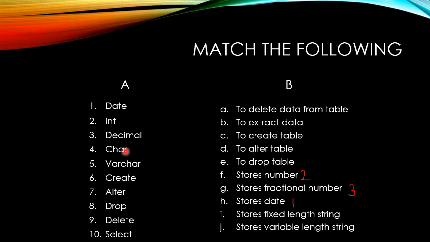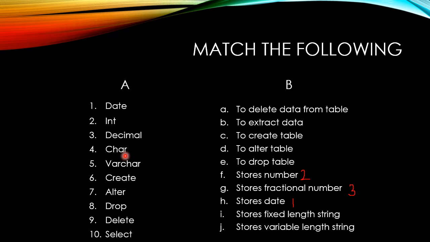Next, char. Char means character, but it is going to store the fixed length character. Means if you are writing char 10, then whatever name you are writing, if it is of less than 10 digit, then also it is going to store the fixed length. Means the remaining space will be also there.